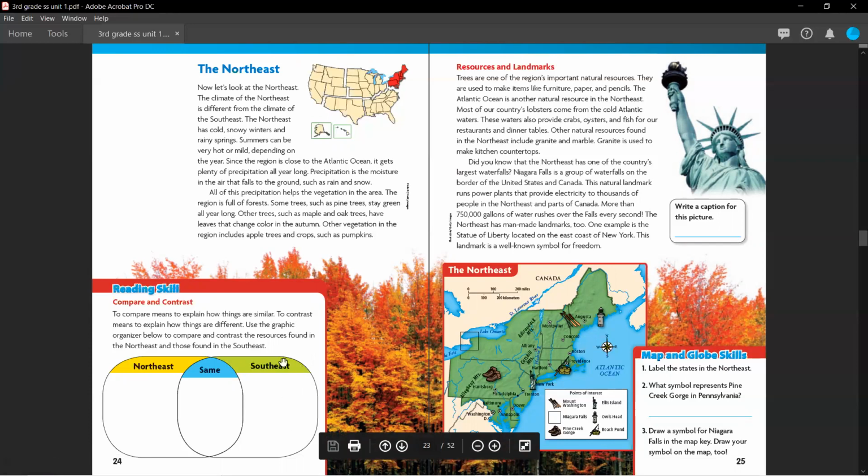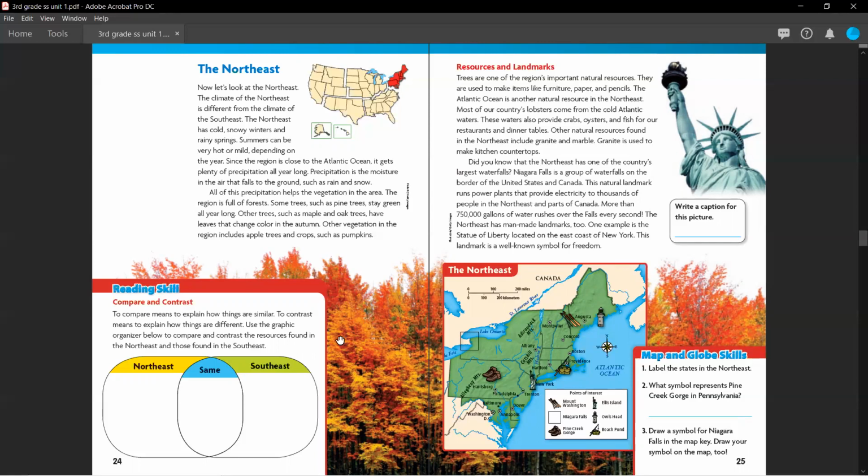The ones that are just in the Southeast, we're going to list here. And the things that we have in common or that are the same in both areas or can be found in both areas is going to be right here. Take a minute to go ahead and fill in your graphic organizer, and then we're going to move on to read about resources and landmarks of the Northeast.